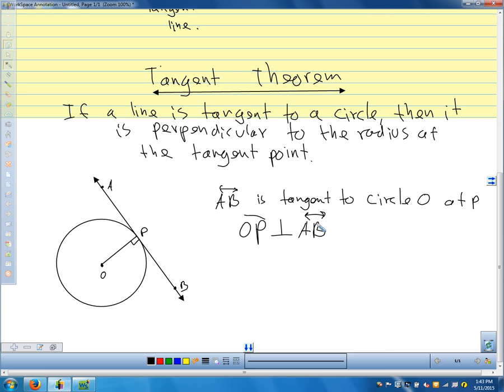So that's one of our special things that happens with tangent lines and tangent segments to circles: they are perpendicular to a radius.